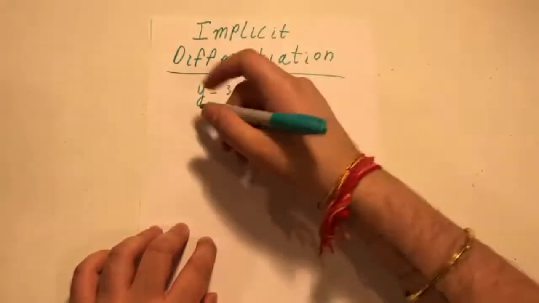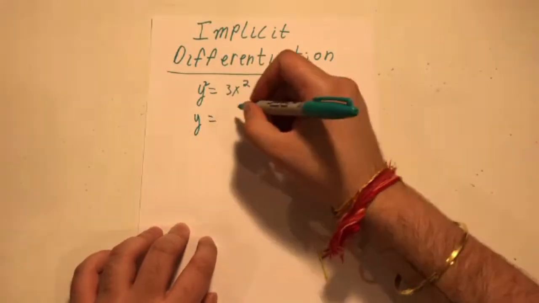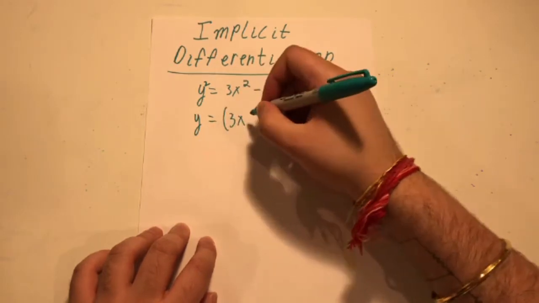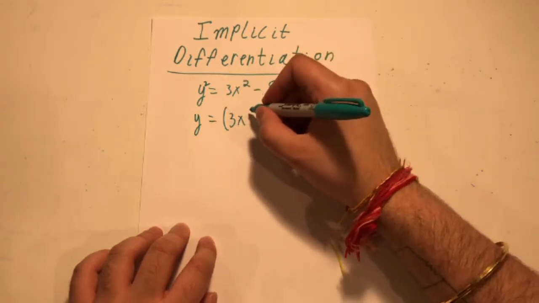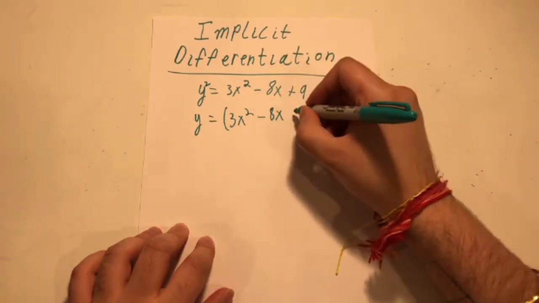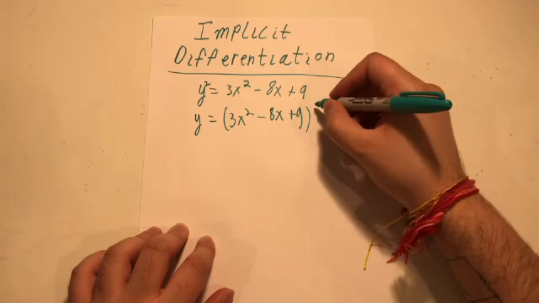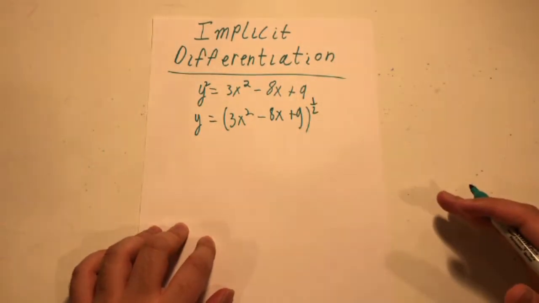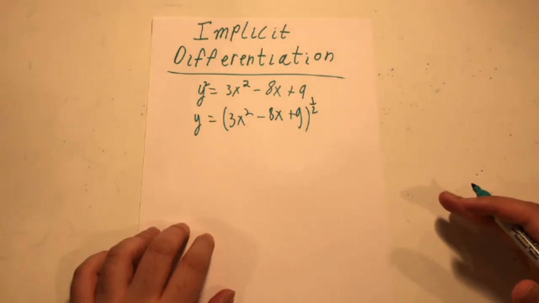You would take the square root of both sides to get y alone. And I'll even write it like this. You'll then end up with y equals 3x squared minus 8x plus 9, all in parentheses, raised to the 1/2 power. Same thing as doing a square root, right?